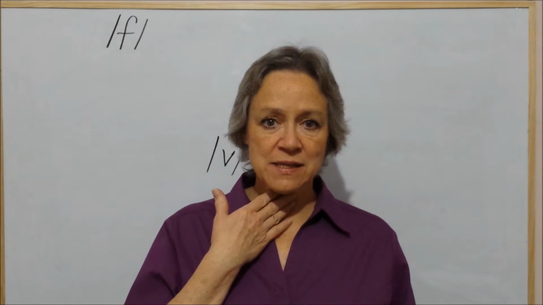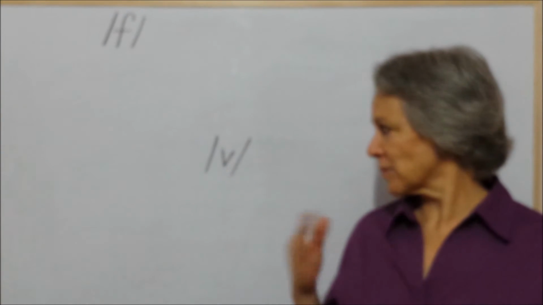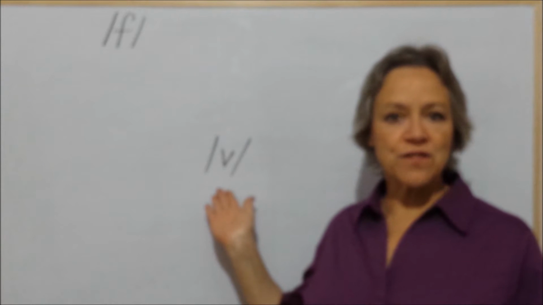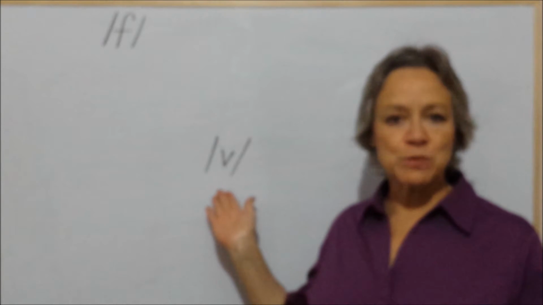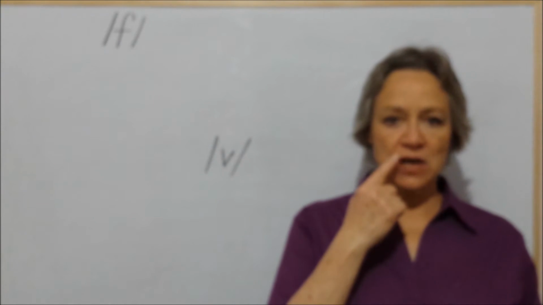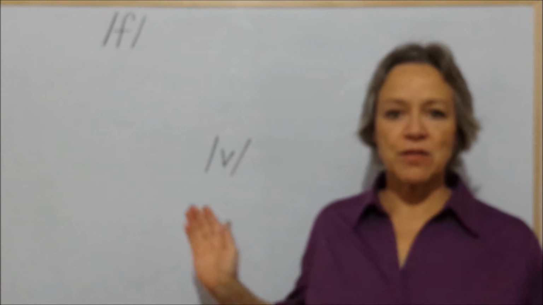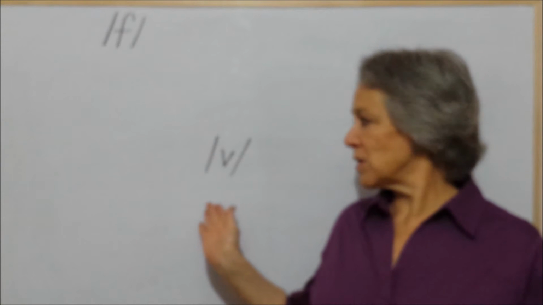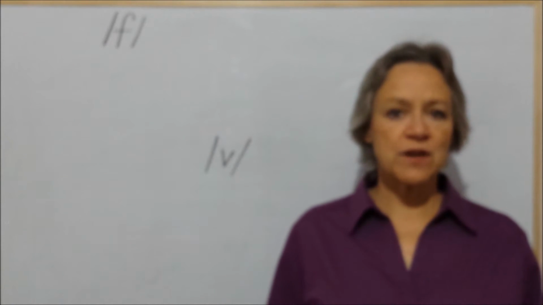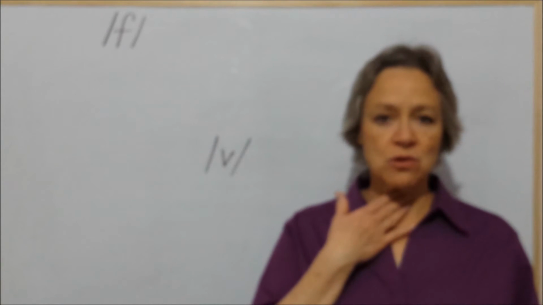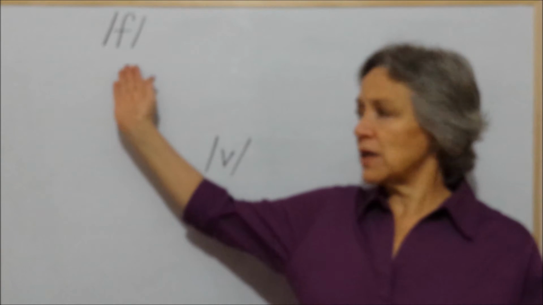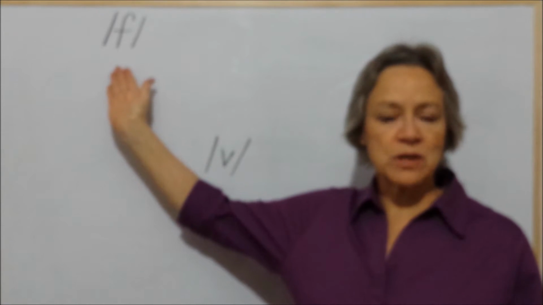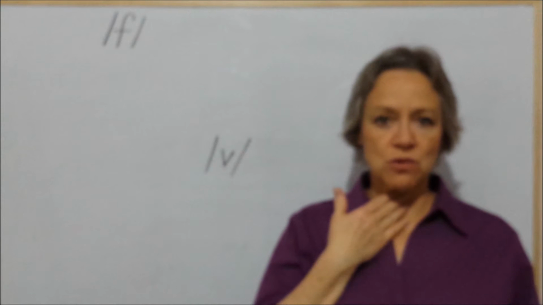There is a related sound, the V sound, which is made in the same way using our teeth and lips, but the V sound is a voiced sound. This sound, V, does use the vocal cords. The F sound does not use the vocal cords.